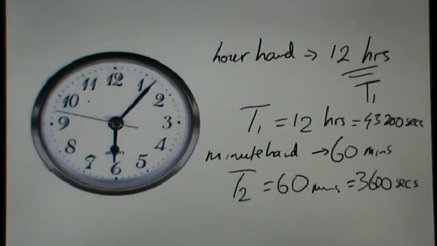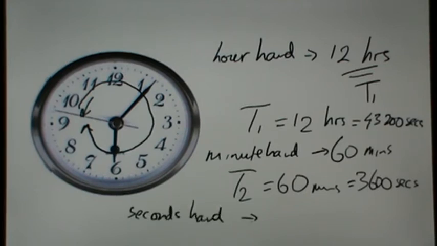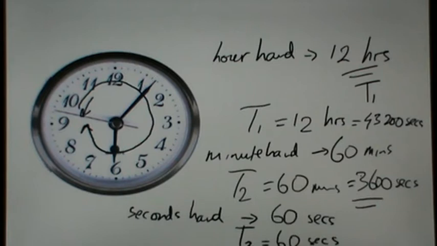And lastly, the second hand will complete one revolution in 60 seconds. Therefore, the period for the second hand will be 60 seconds. So if we compare the period of the hands of the clock, then the period of the second hand will be the shortest. It's 60 seconds.